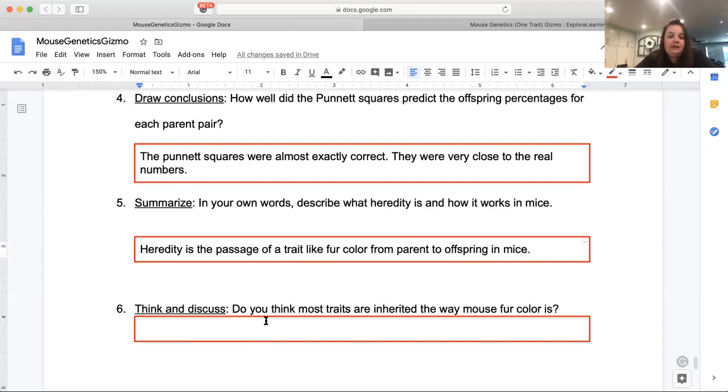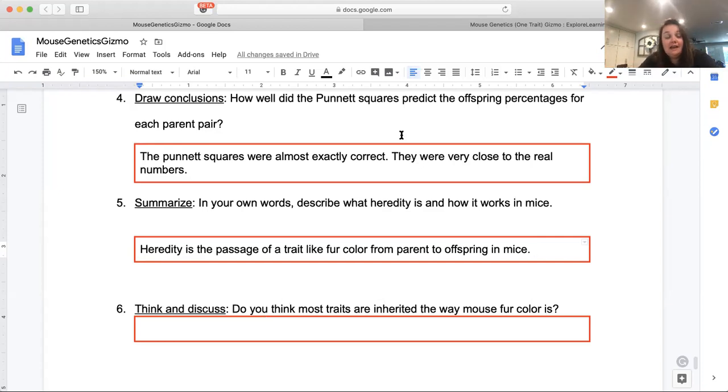What do you think, this one is yours. Do you think that traits are inherited in the dominant recessive way, or that they can be a mixture of different traits? Or that if your parent mouse is black and your parent mouse is white, you might become black and white spotted. I don't know. This is where you have to think on your own, use your noodle.